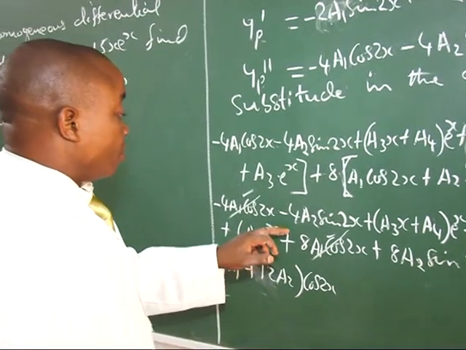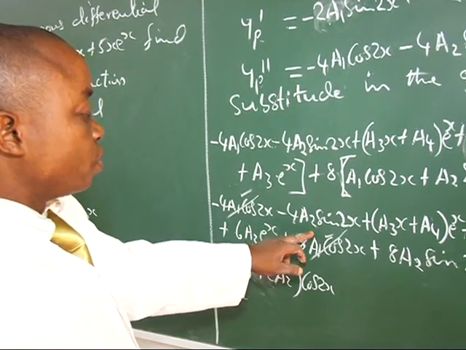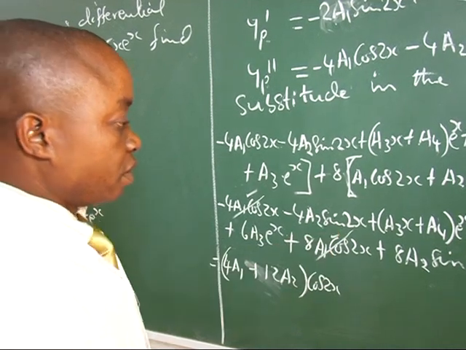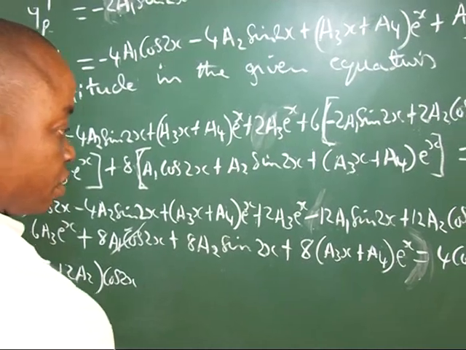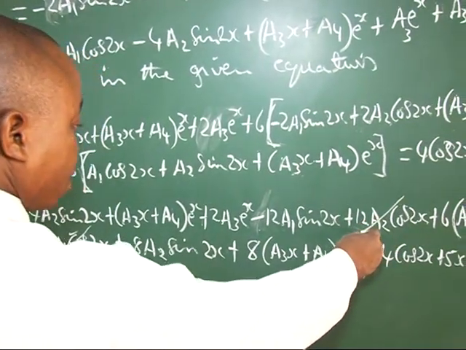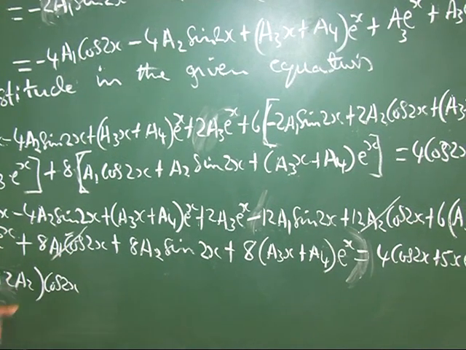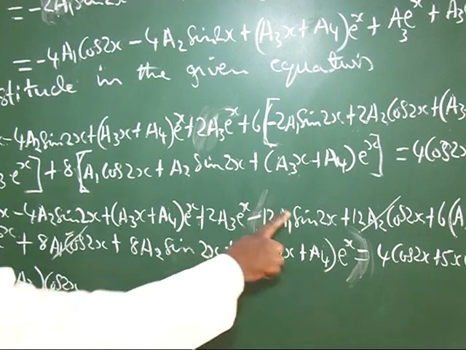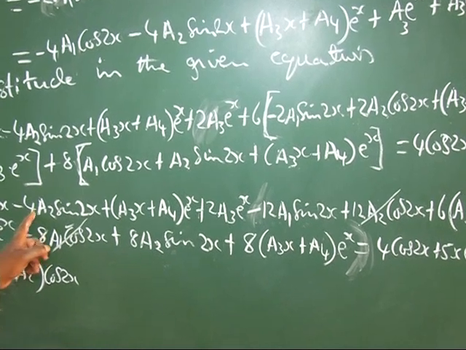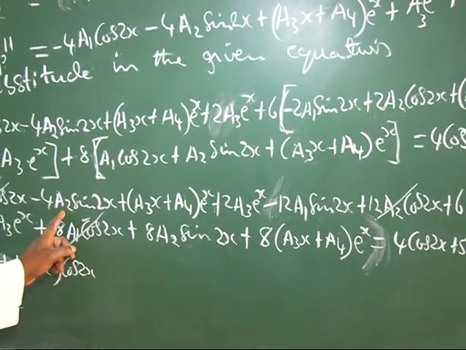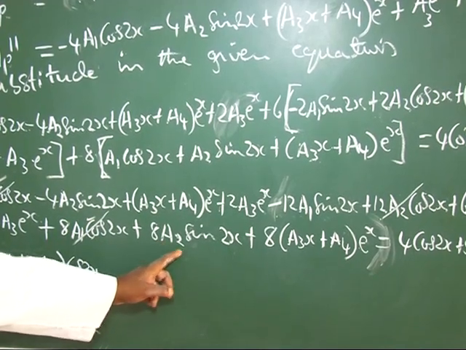Okay. Now we also look for sine. We have minus 4a2 sine 2x. Now we have minus 12a1 sine 2x. We are finished with cos, so those are not there again. What remains now is sine here, another sine here, and we have another sine here. But we see that this one is minus 4a2 sine 2x, and this one is 8a2 sine 2x.